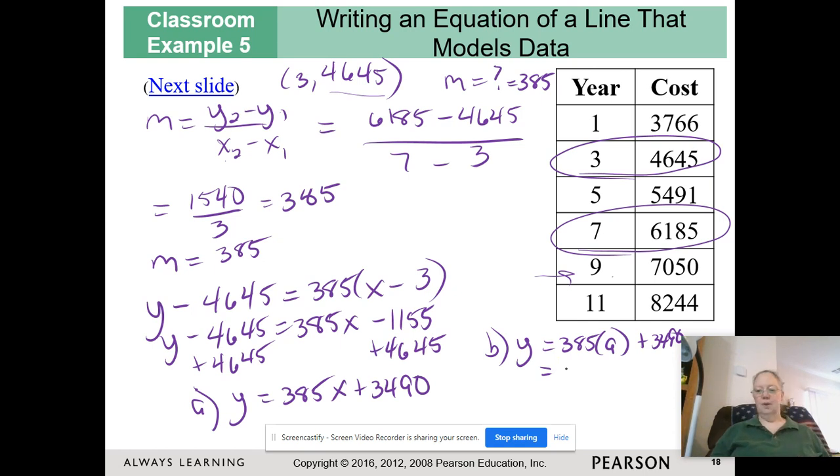We ended up with 6955. So according to the equation, what the average cost for tuition should have been was $6,955. What it actually was $7,050. So, was it close? It was off by $95.